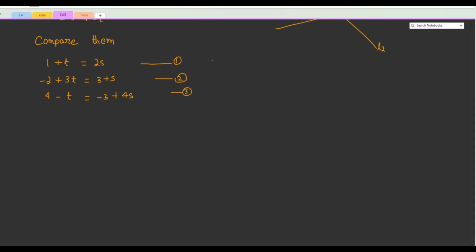So we are going to solve equation number 1 and equation number 2. From equation number 1, t equals 2s minus 1.